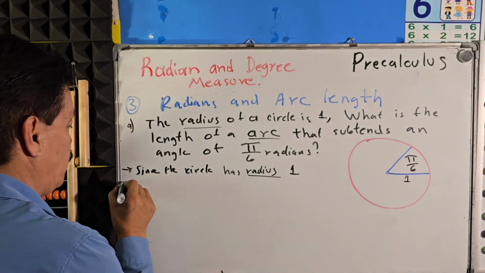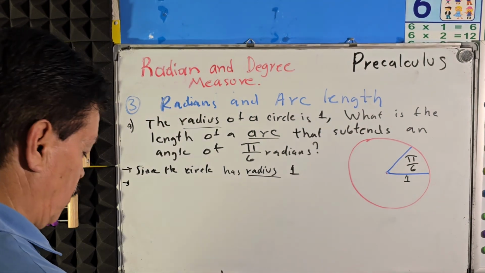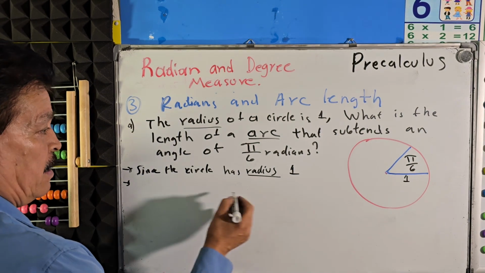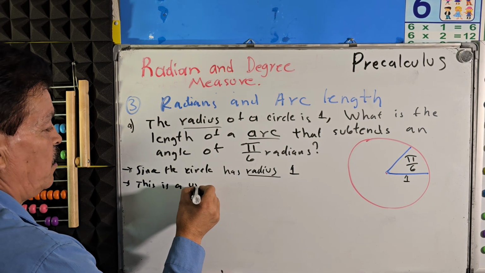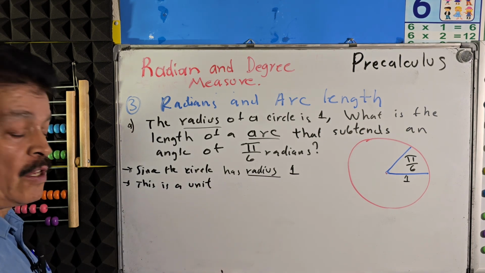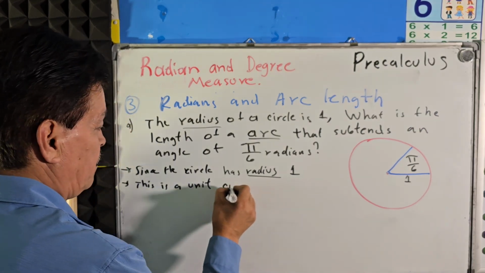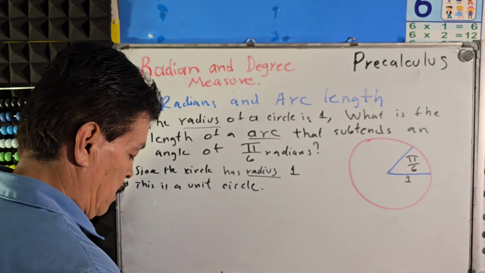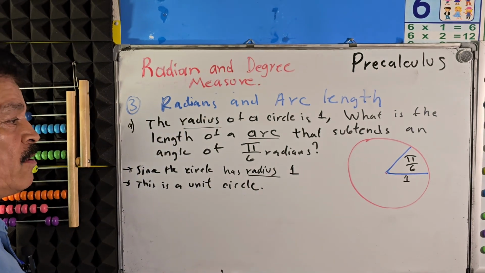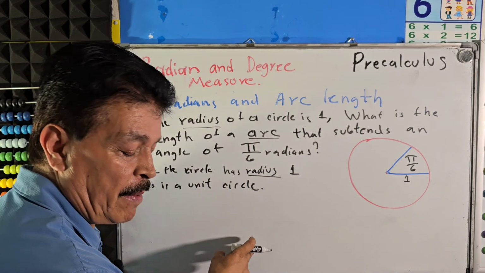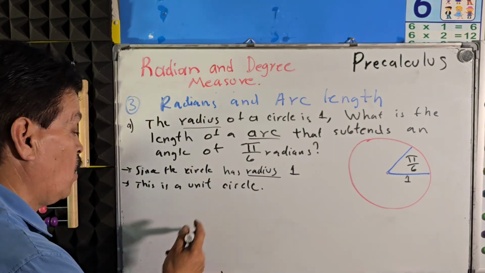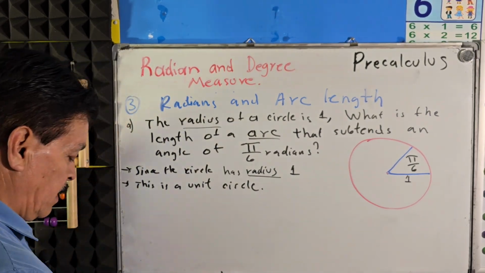So this is one piece of data. The other one, to solve the problem: this is a unit circle. So if that's the unit circle, it belongs to the concept that I gave you. So now it's not hard.